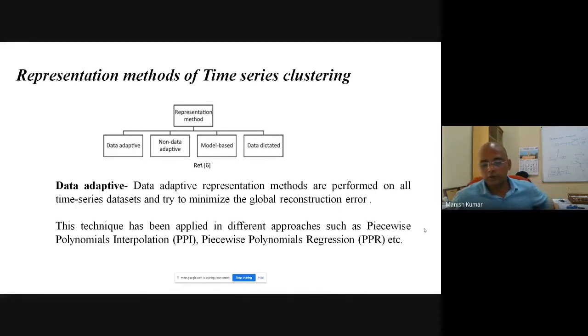That is what we do, and this is referred to as piecewise polynomial interpolation. If you want details, certainly you can refer to the paper. Whereas piecewise polynomial regression is the same as what we are doing, interpolating the functions where a different interpolating polynomial is used on each interval. So we may go for piecewise linear interpolation and others also.